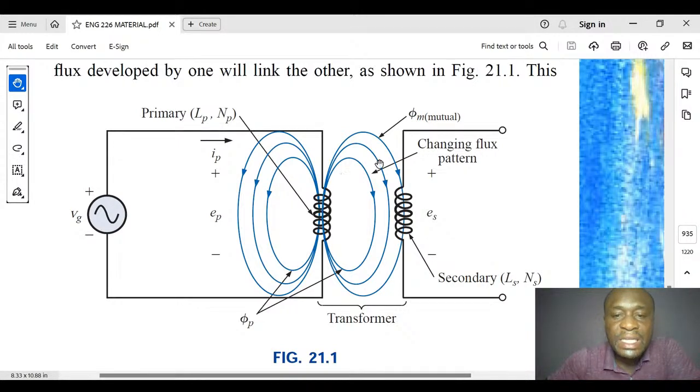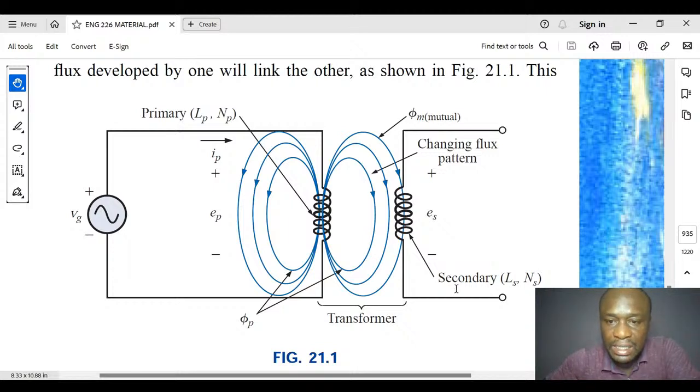So anything that is brought close to this region where the flux line is existing is going to behave like this particular turn of wire, just like when you bring something close to a permanent magnet, and that permanent magnet influences the material to start behaving like it.